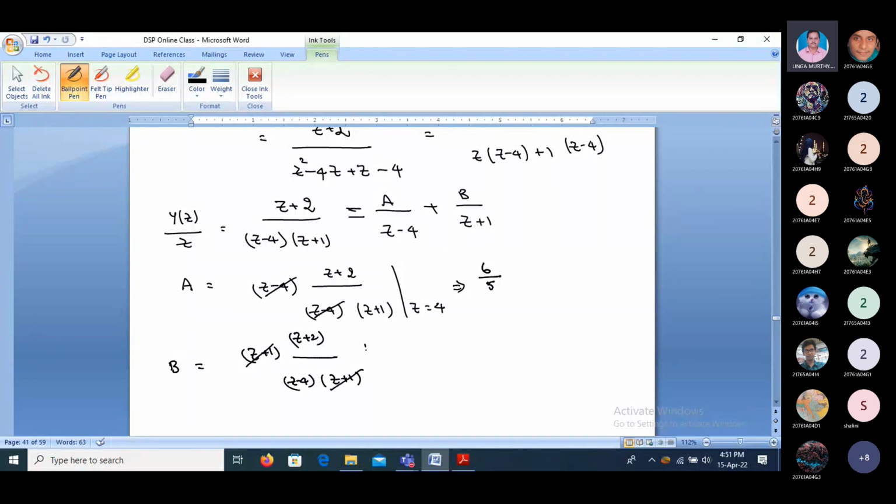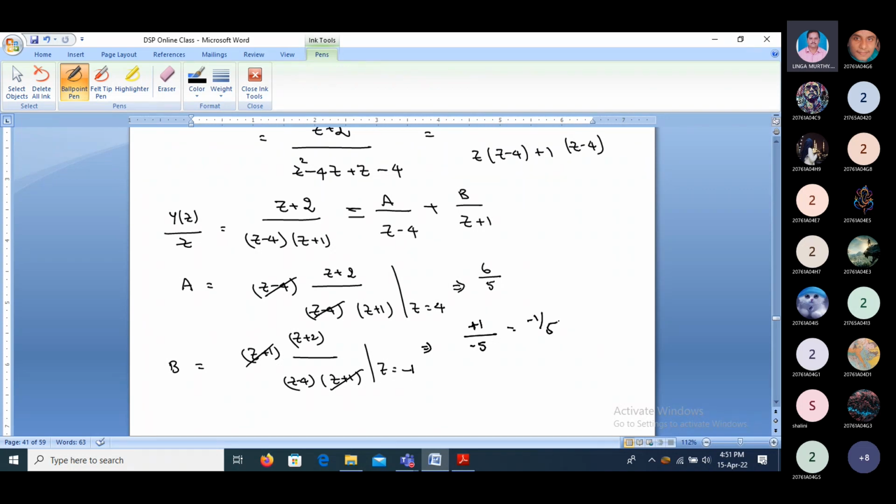So z plus 1 cancels, and you can evaluate at z is equal to minus 1, not for plus 1, because z plus 1 is zero at z equal to minus 1. So minus 1 plus 2 is nothing but 1, divided by minus 1 minus 4, which is minus 5. So the answer is minus 1 by 5.